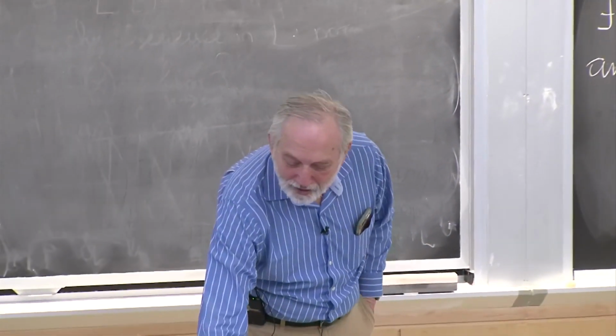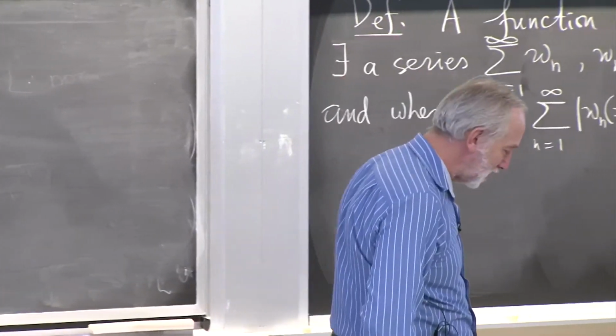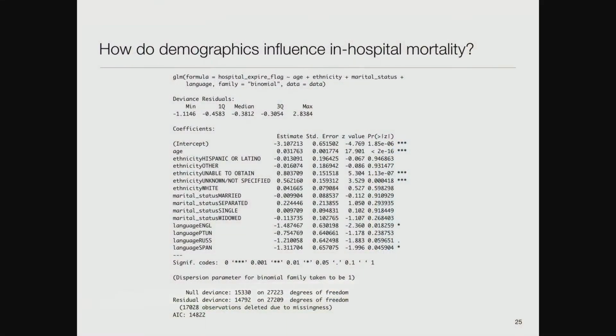Okay, so here's an interesting question, a little bit related to something you'll see on the next problem set. Could we predict in-hospital mortality from just these demographic features? I'm using a tool in a language called R. This is a general linear model, and I've set it up to do basically logistic regression.